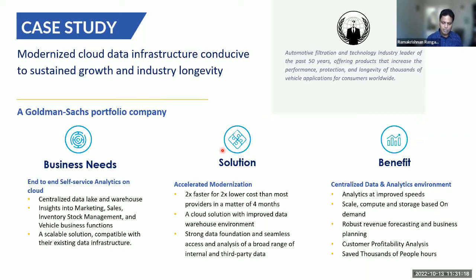But with respect to specifics, they were able to have insights 2 times faster at half the cost of what they were doing with a traditional data warehouse, right? So they have their whole sales forecasting process now running on the cloud, which is a key piece that drives the rest of the manufacturing process, right?